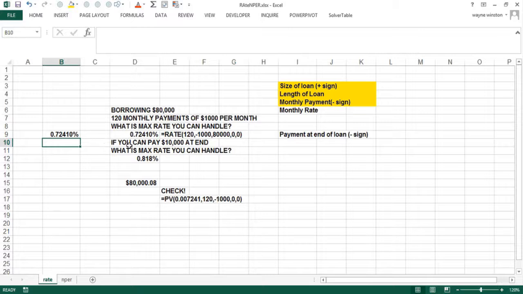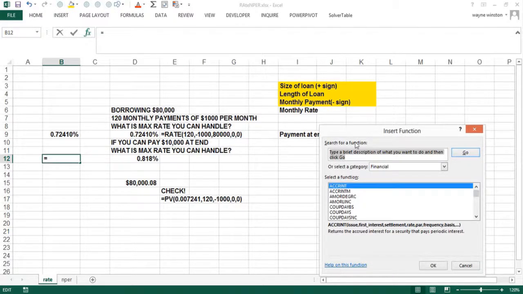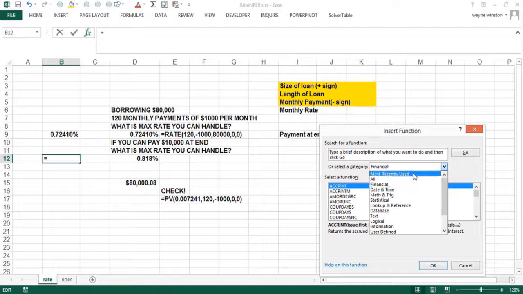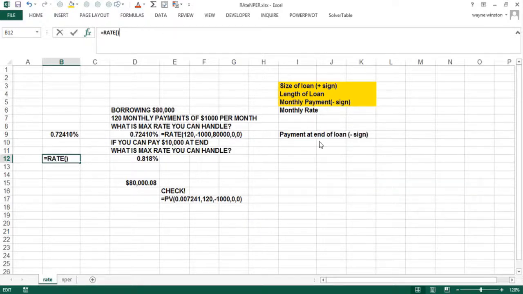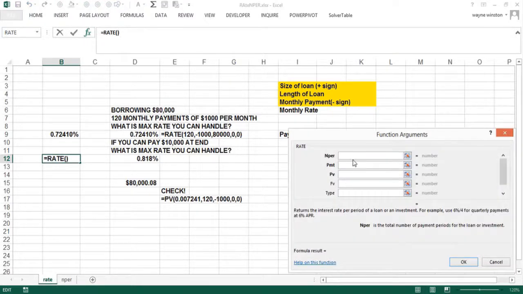Now suppose you could pay $10,000 at the end. You're going to pay $10,000 at the end of that loan, so you're really not borrowing the full $80,000 in that sense. Then what would the rate be? Well, we could do function wizard, most recently used, the RATE function. The number of periods is still 120.